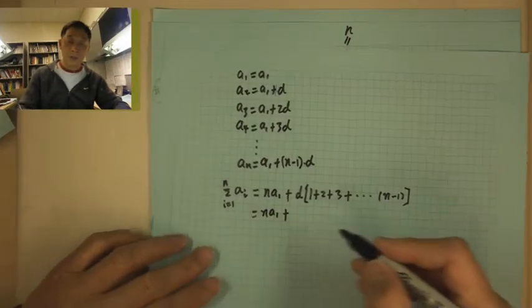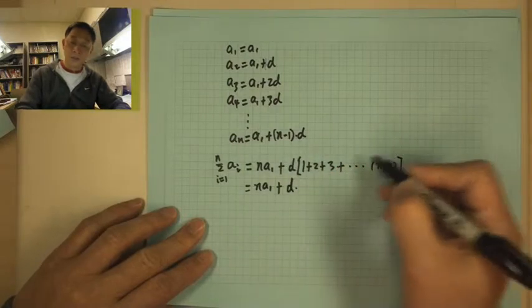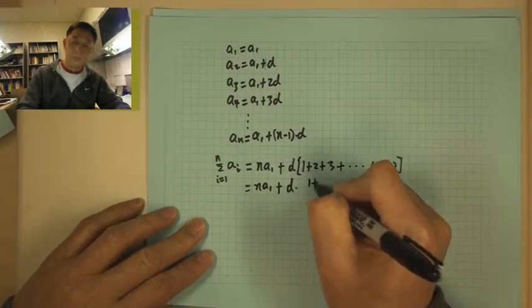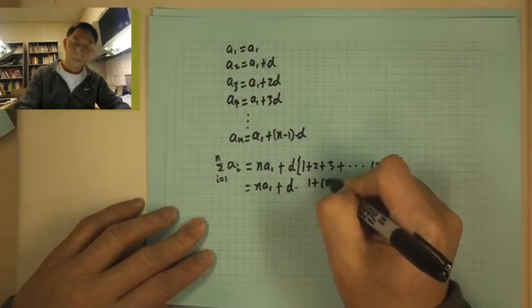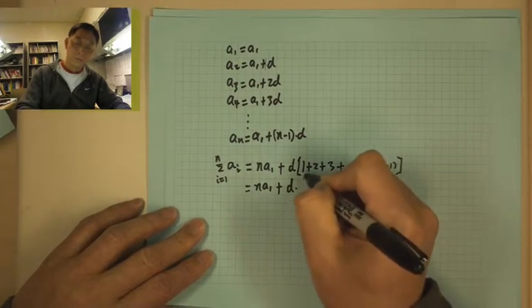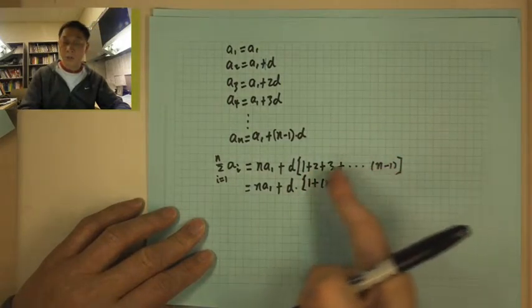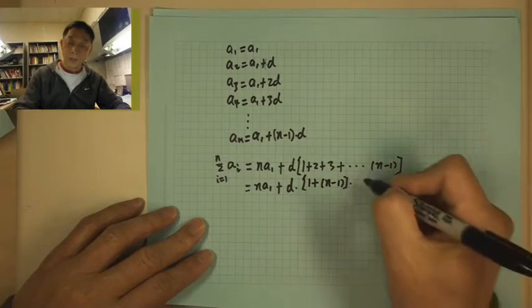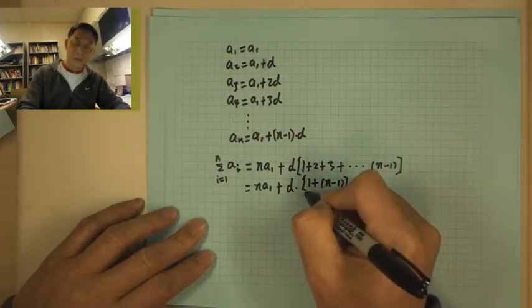So here would be the same: the first term, which is 1, plus the last term, times the number of terms. How many? There are n minus 1 terms, divided by 2.